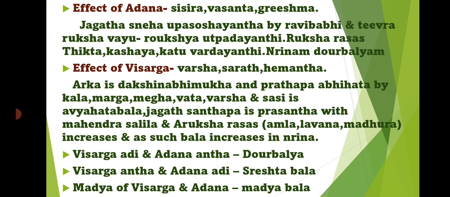Then Visarga Adi and Adana Anta have Daurbalya. Visarga Adi means Varsha Kala, and Adana Anta means Grishma Kala. There is Daurbalya in Varsha and Grishma. Visarga Anta means Hemanta and Adana Adi means Shishira. In Hemanta and Shishira there is Shreshta Bala in persons.